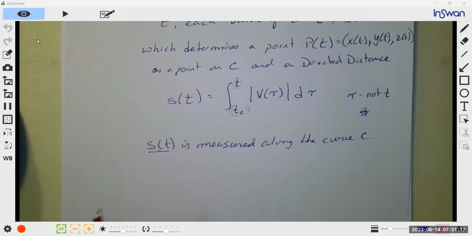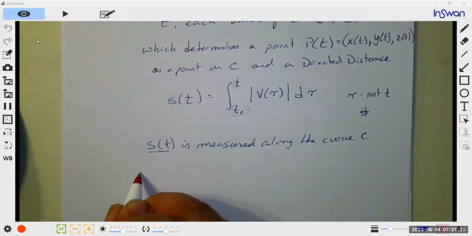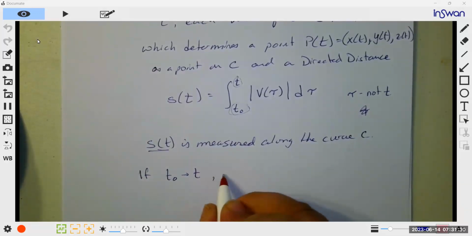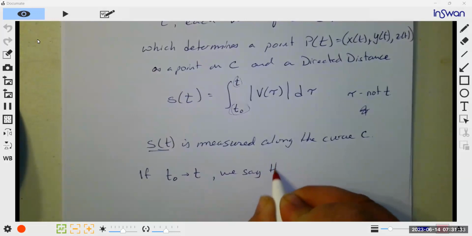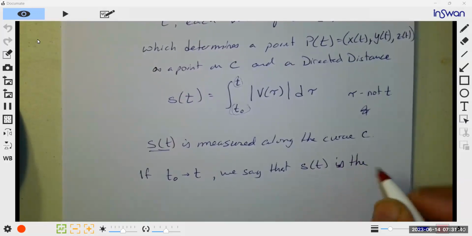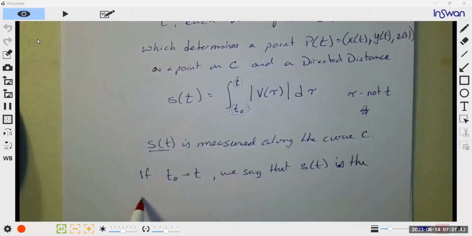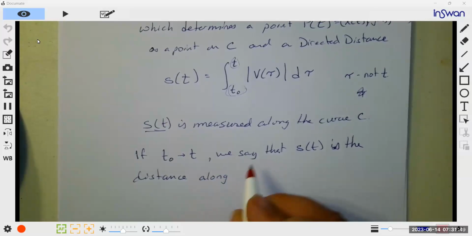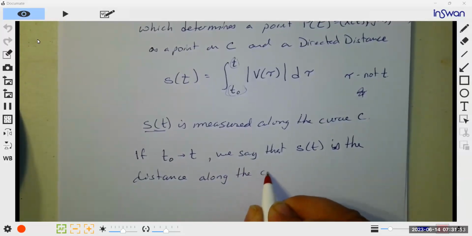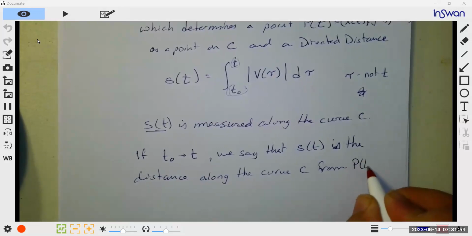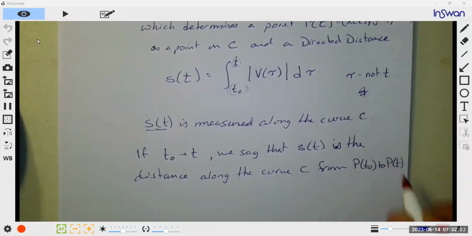Now, about S of t, if our t's increase in size, so it goes from t sub 0 to t, we'll say that S of t is the distance along the curve C from point t sub 0 to point t.